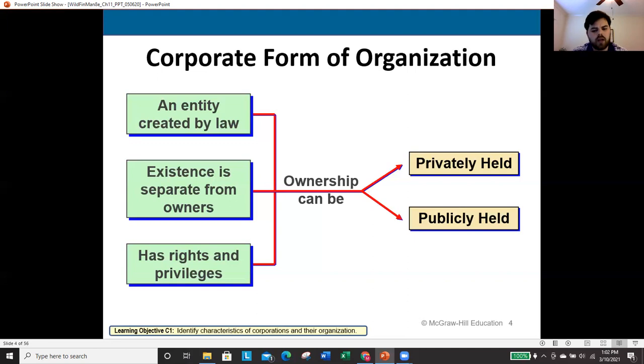Now, publicly held companies, on the other hand, are publicly traded. These are the companies that you might see on the New York Stock Exchange. For example, things like Walmart, Apple and Amazon are publicly held, and those shares can be bought and sold quite freely in the market.